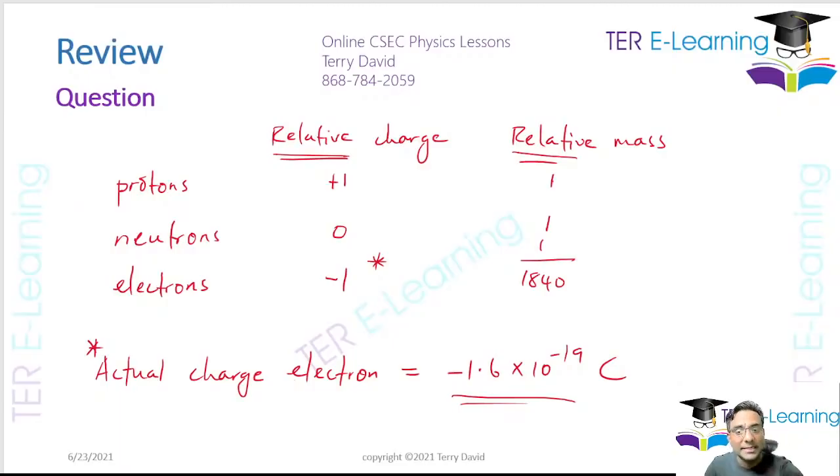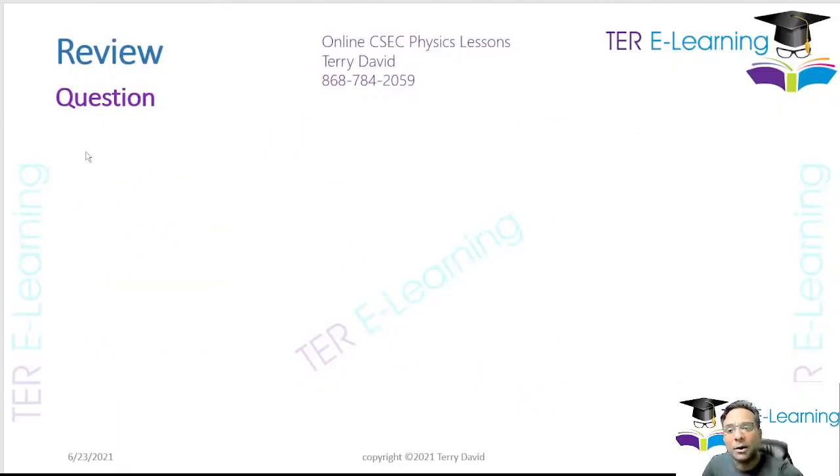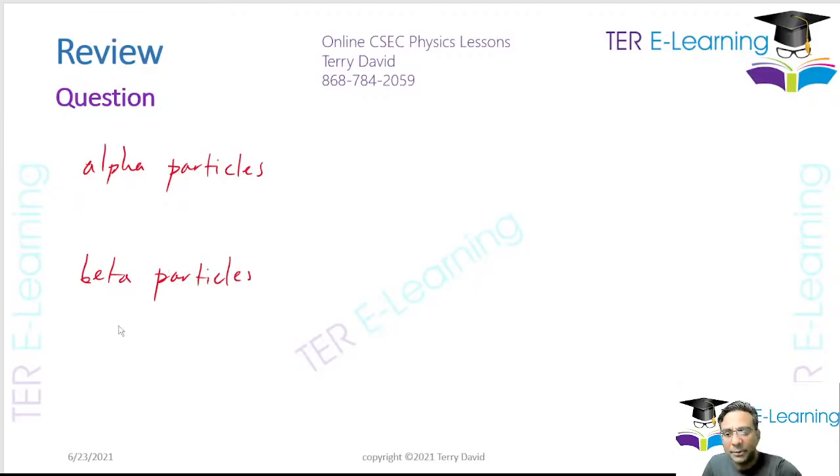We have alpha particles, we have beta particles, and we have gamma rays. Now you need to know what each one of these things are.